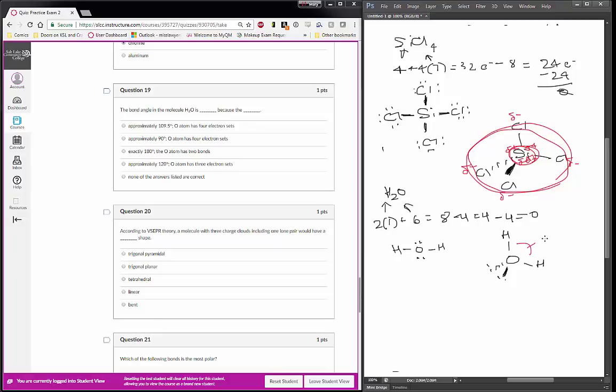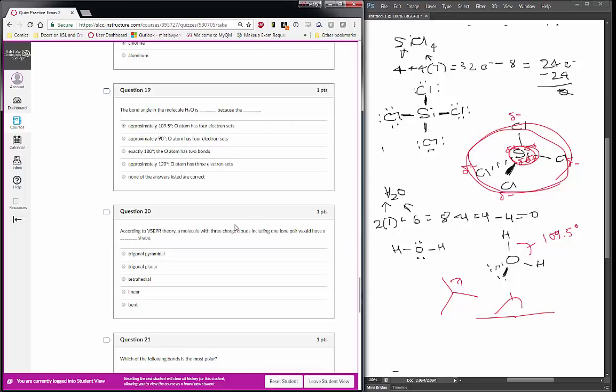And for tetrahedral electronic geometry, we've got approximately 109.5 degrees, because the atom has 4 electron sets. If it had 3, then that would be trigonal planar, that would be 120 degrees. And of course, if it only had 2, then it would be 180 degrees because it would be linear.